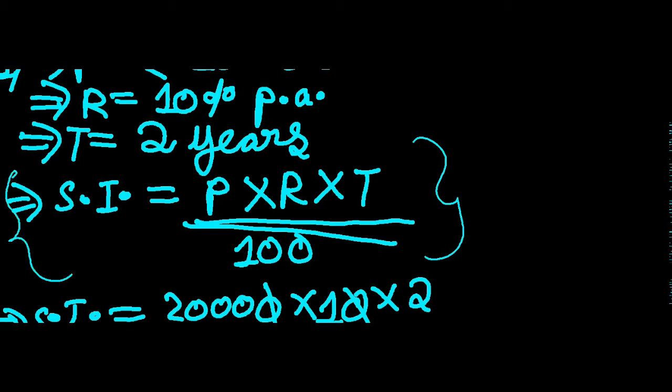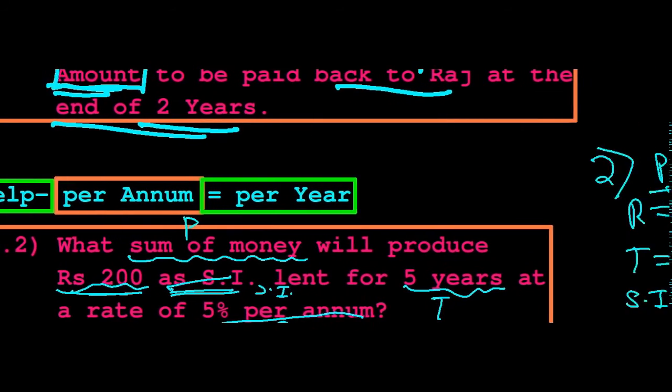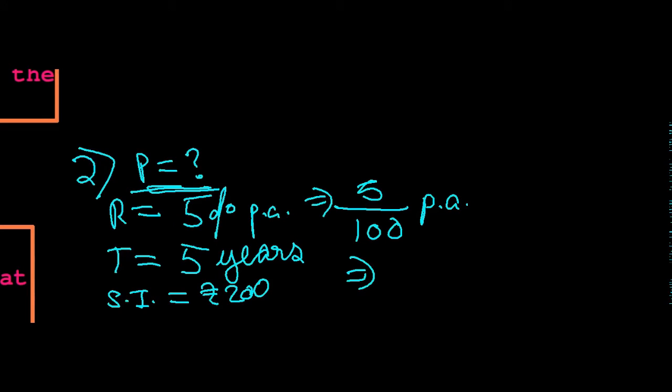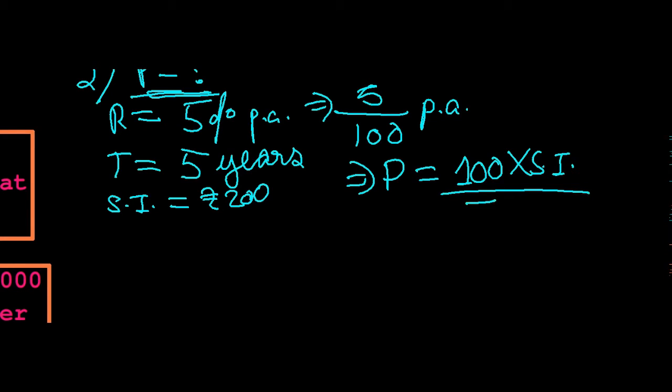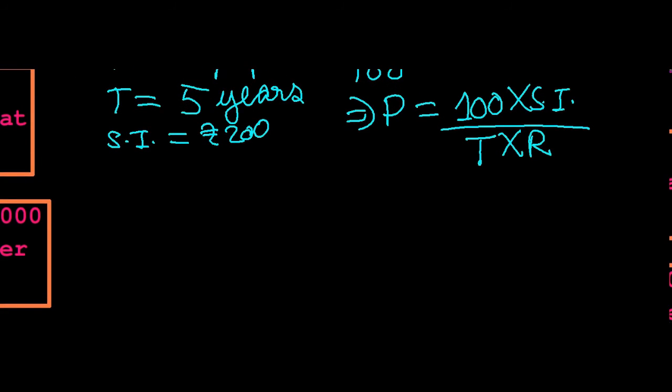In this formula we will make P the subject, because we have to calculate P. So we will write P is equal to 100 into SI by T into R. Friends, you must learn these formulas by heart, so you don't have to face any difficulty.